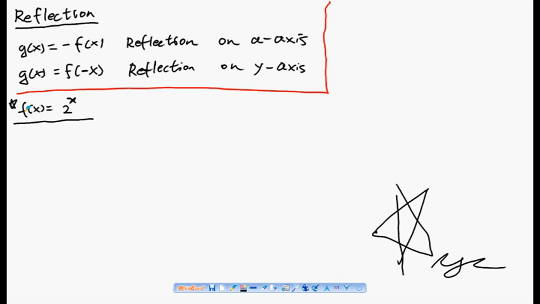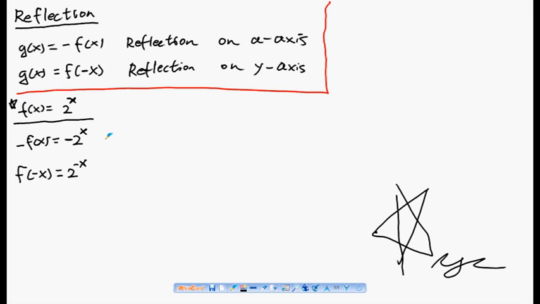When I have minus f(x), obviously we put a minus sign in front of the whole function, and we have minus 2 power of x. And if I have the function of minus x, with the minus inside the bracket, it equals 2 power of minus x.